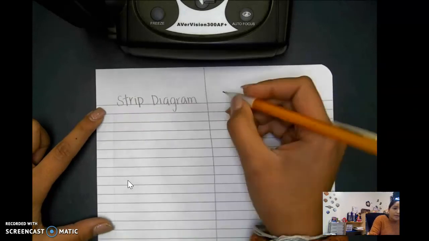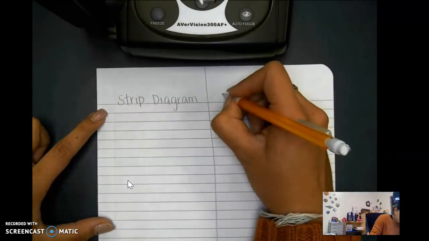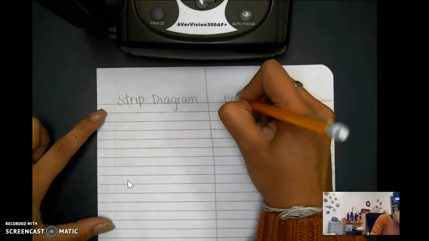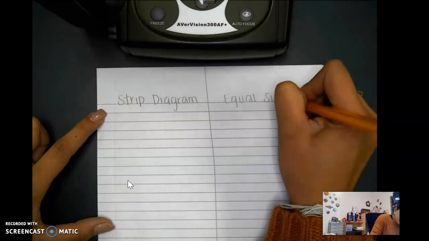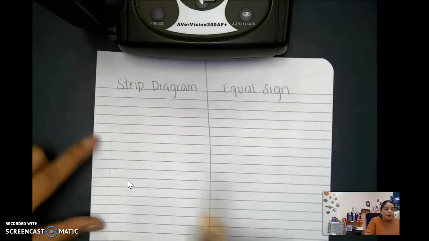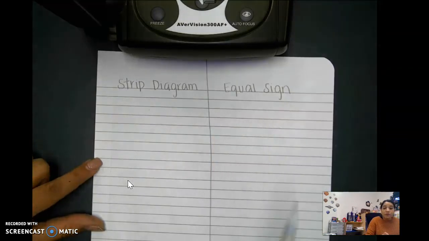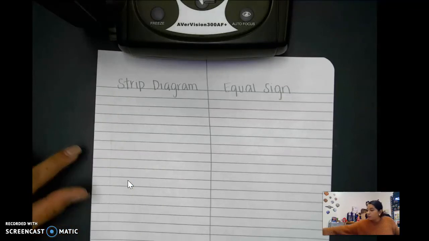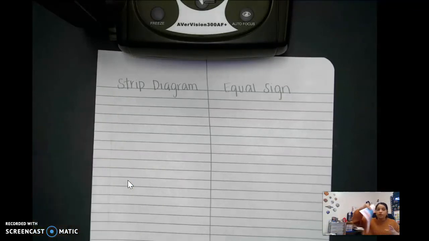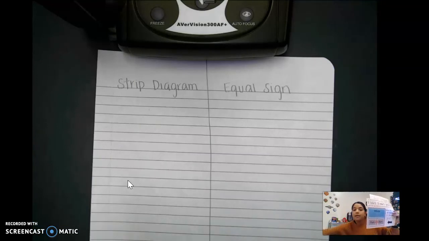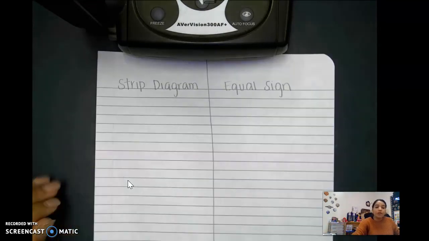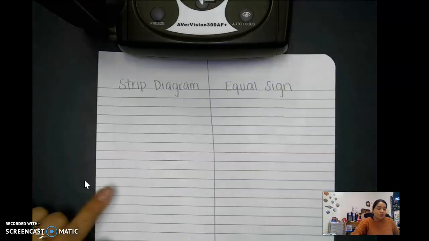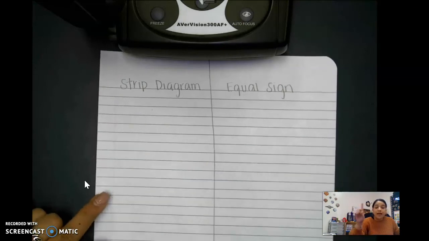And then we're going to write equal sign on the next section. Once you have strip diagram and equal sign, then you're going to go ahead and draw the pictures for strip diagram as well as equal sign. So you're going to draw these 2 pictures, which are also on the slide. So you're going to draw these 2 on your journal, and that's going to be your first assignment.